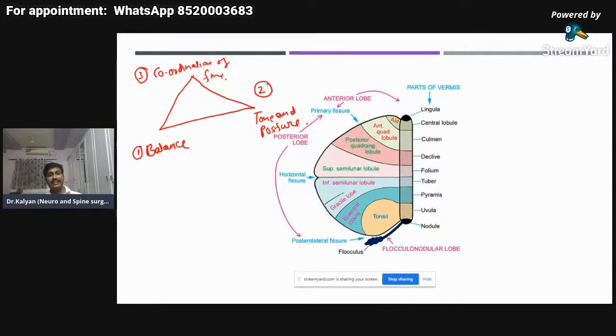Of these three things, in evolution, can you guess which is the most important one? Even the most primitive organism on this earth will have one function, that is balance. So when you see evolution, phylogeny, the first function is balance.